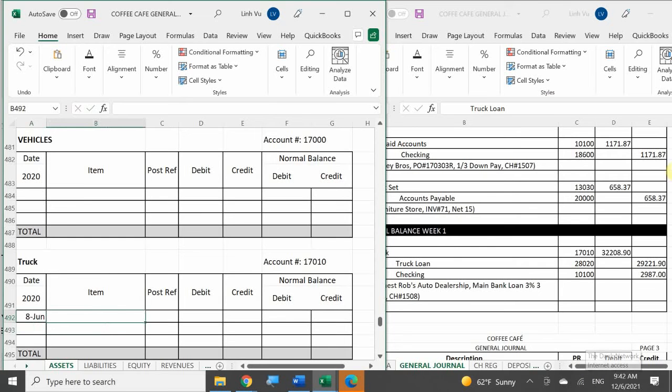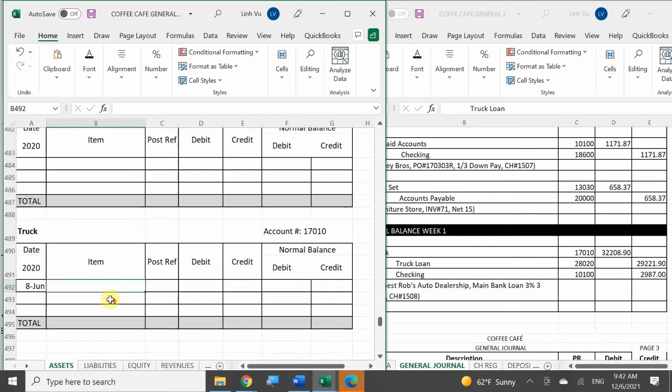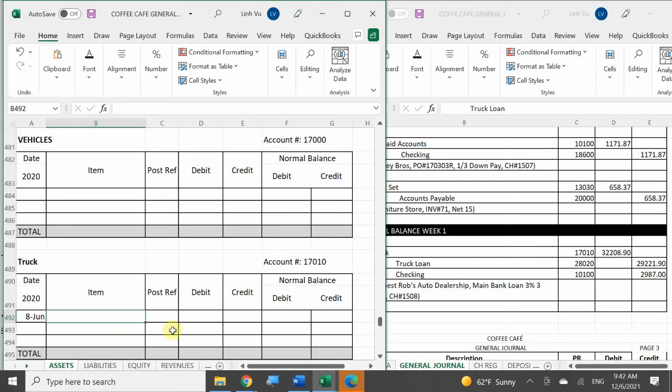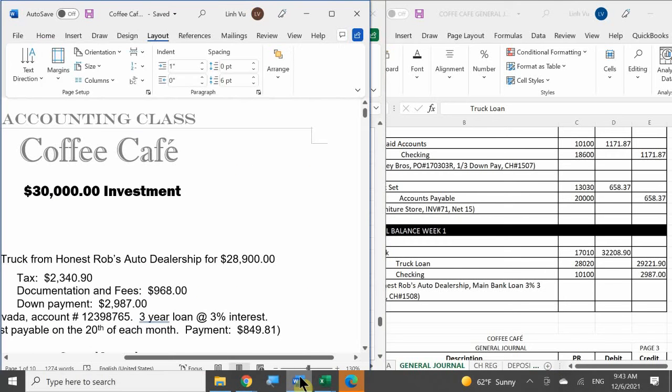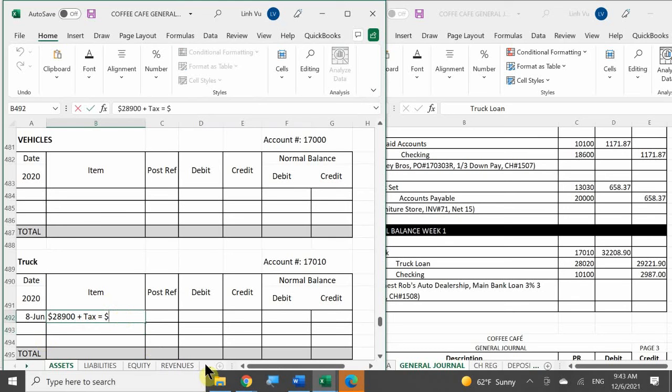It is up to you what other information you want to disclose here, such as, well, I bought the truck for $28,900 plus tax, which was $2,340.90, plus $968 worth of documentation fees.